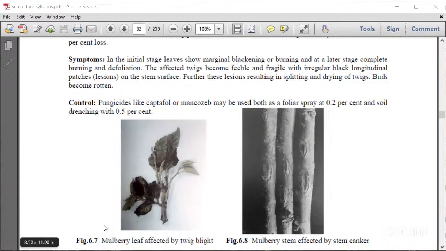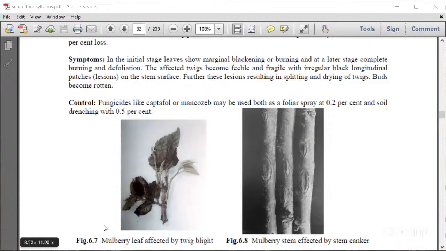Chlamydospores can survive in adverse climatic conditions for a longer period. This disease can exist throughout the year and cause 5 to 6% loss. When compared with other diseases, the percentage of loss is a bit less.